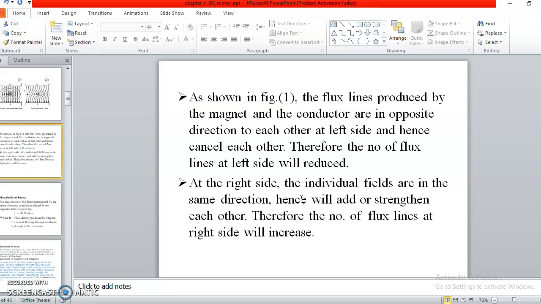As shown in figure 1, the flux lines produced by the magnet and the conductor are in opposite directions to each other at the left side, and hence cancel each other. Therefore the number of flux lines at the left side will reduce. At the right side the individual fields are in the same direction, hence they add or strengthen each other. Therefore the number of flux lines at the right side will increase.